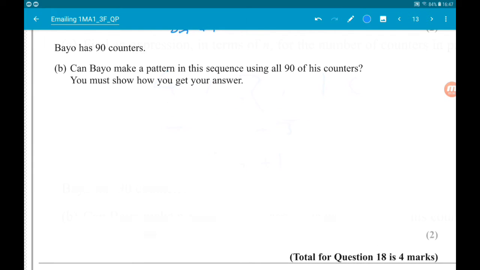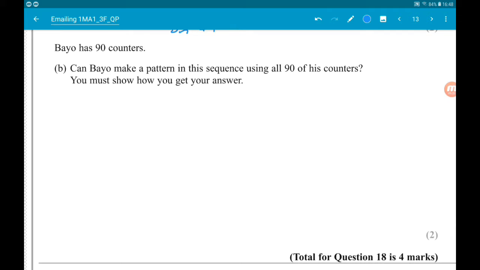B. Okay, then for part B, we are told Bayo has 90 counters. Can Bayo make a pattern in this sequence using all of his counters? We must show how we get our answer. So, we don't want to keep writing down terms in this sequence until we either get to 90 or past 90.